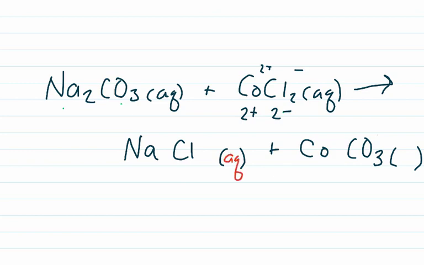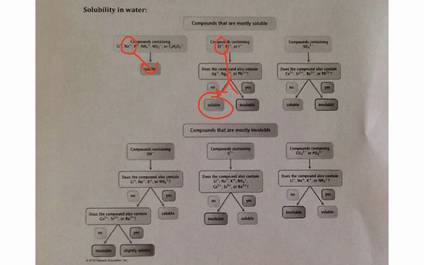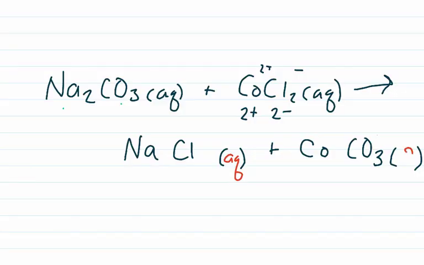And let's look at cobalt carbonate. Cobalt carbonate is best found here under carbonate. It asks if it also contains sodium, lithium, potassium, or ammonium, and the answer is no, because it contains cobalt, which makes it insoluble. Since it's insoluble, its state is a solid, and that means that a reaction does occur.